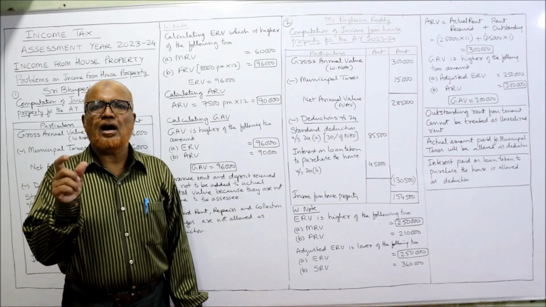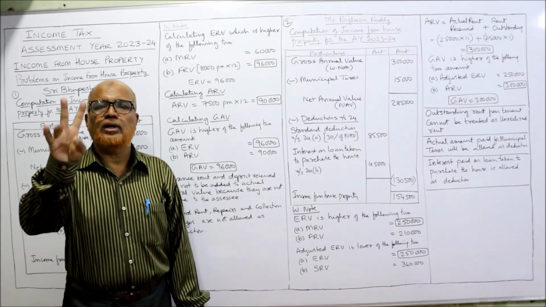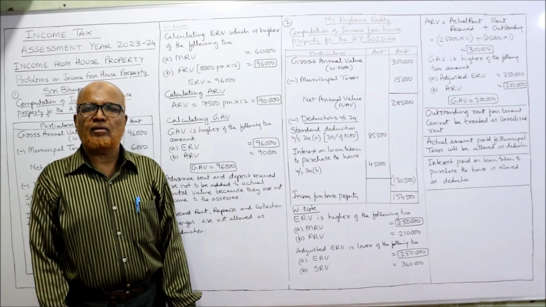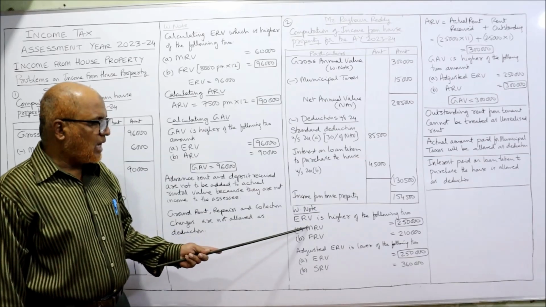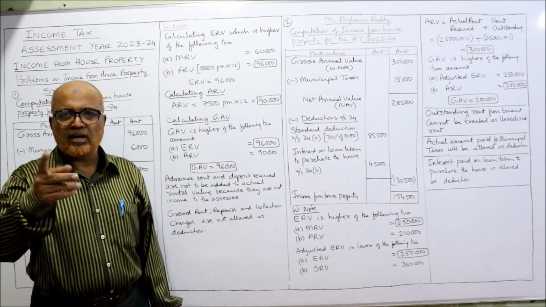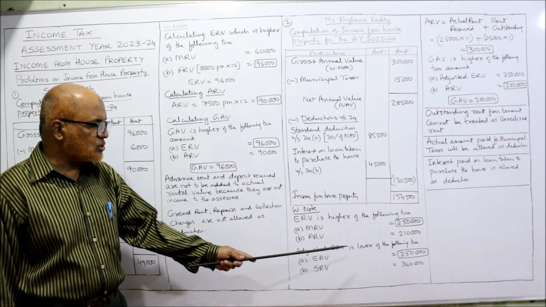First step, ERV, expected rental value, is the higher of the following two: municipal rental value, fair rental value, MRV, FRV. In our problem it is given MRV 2,50,000 and FRV 2,10,000. Whichever is higher, 2,50,000 is higher. So ERV 2,50,000.